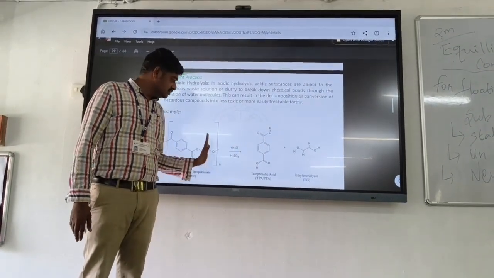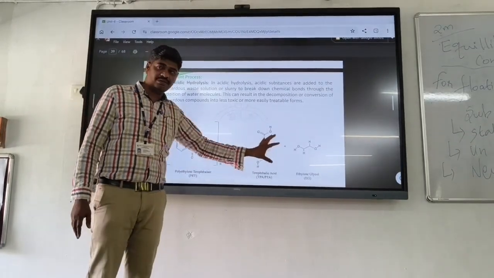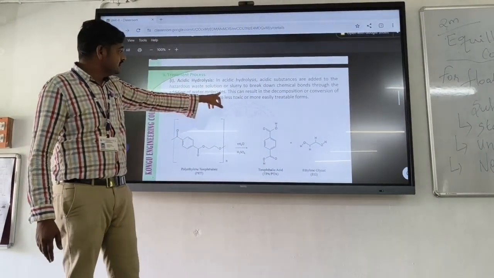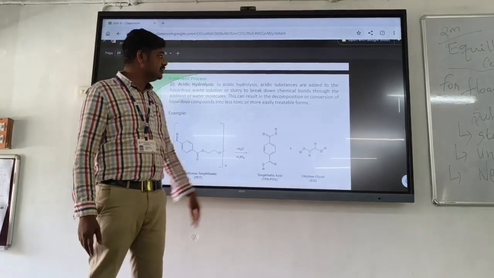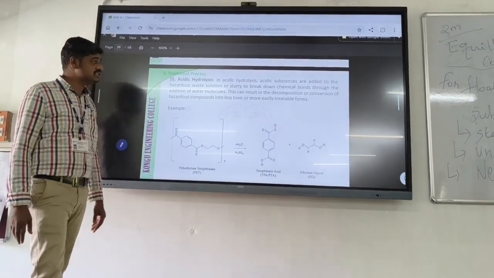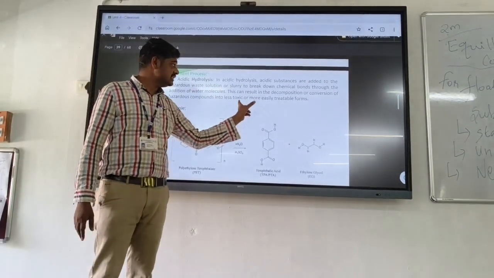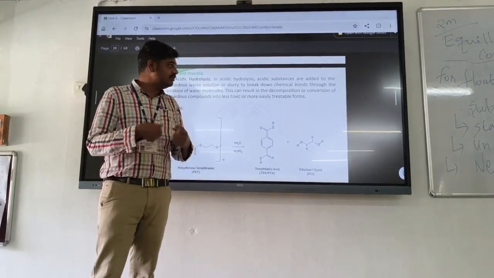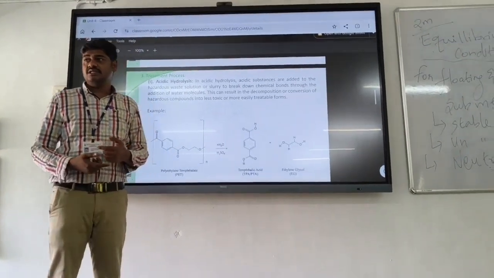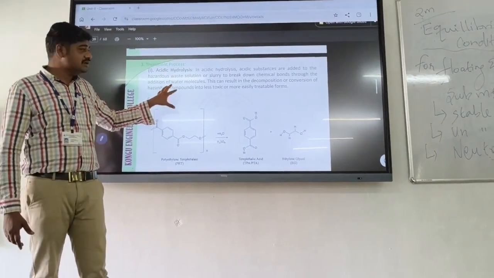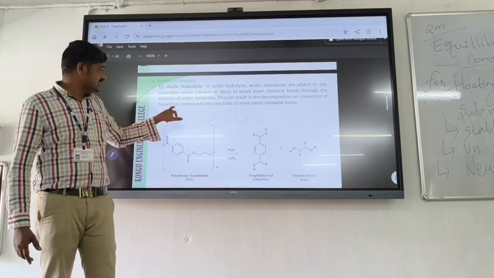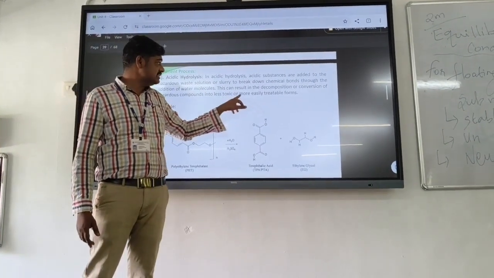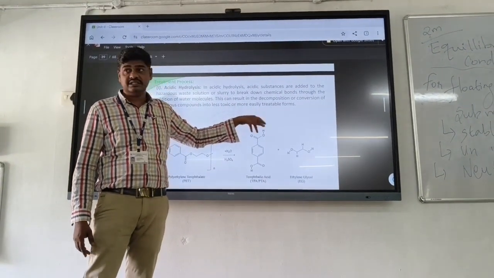The complicated molecules break down into smaller molecules. This can result in the decomposition or conversion of hazardous compounds into less toxic or more easily treatable forms. That is the aim of this process.